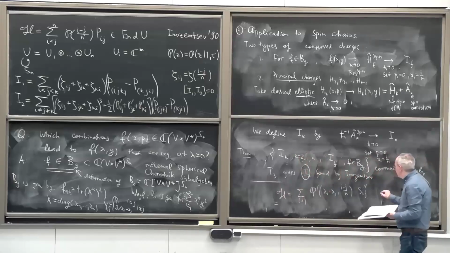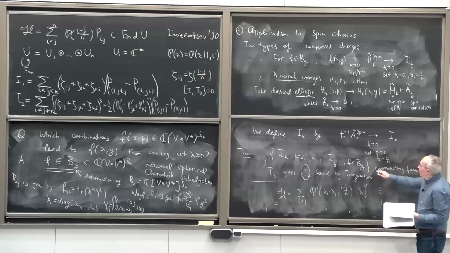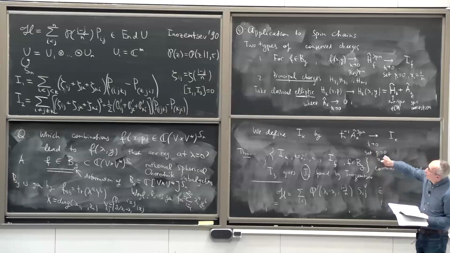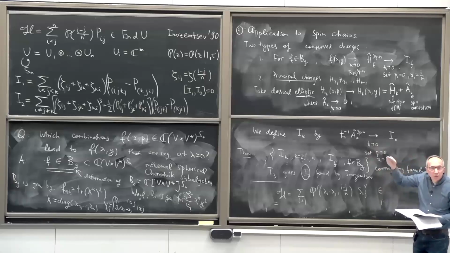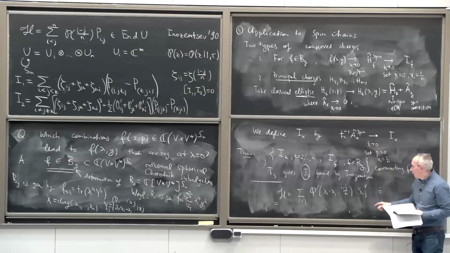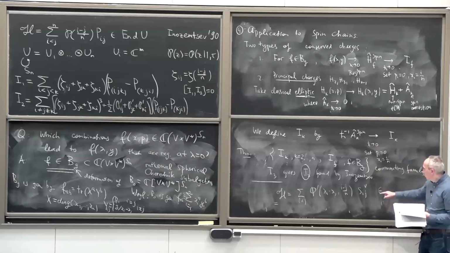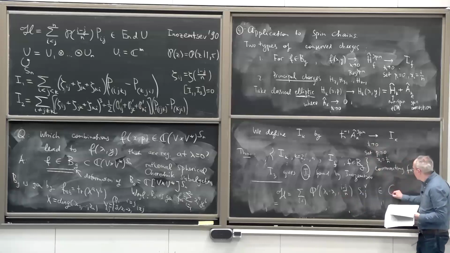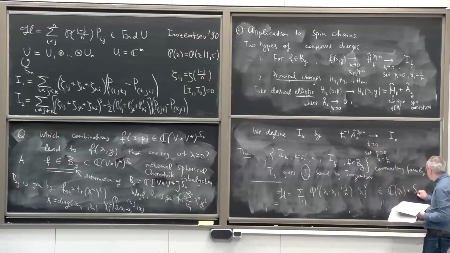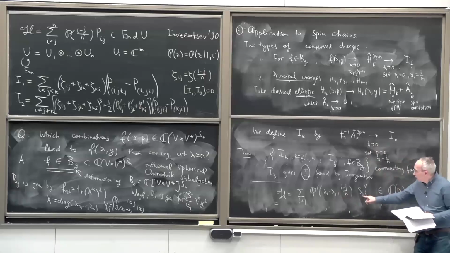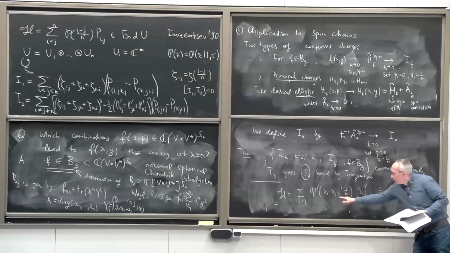In the Inozemtsev Hamiltonian, if you wish, you can ignore all this spin space U and just view it as an element of the group algebra of the symmetric group. So you have commuting elements of the group algebra. This one is not just in the group algebra because there is lambda dependence. So it lives in the cross product of the group with the algebra which acts on lambdas.